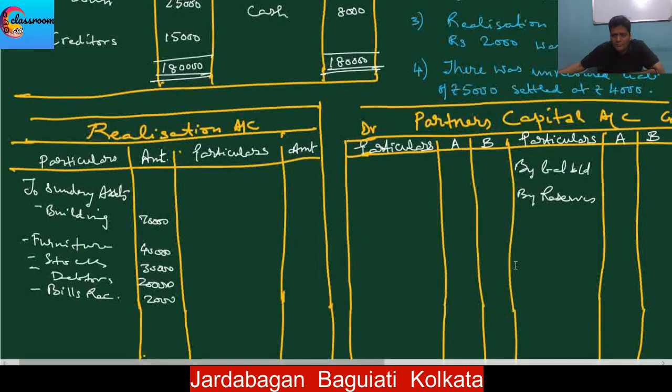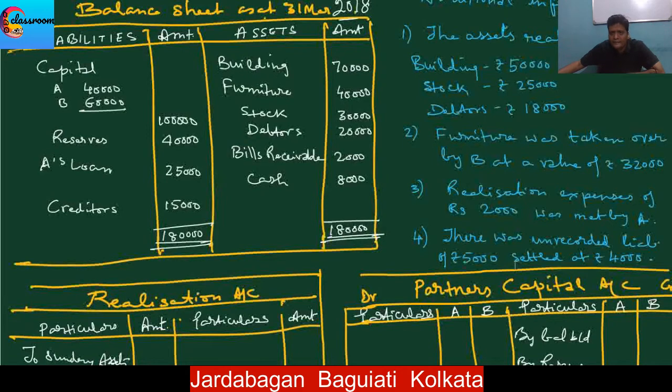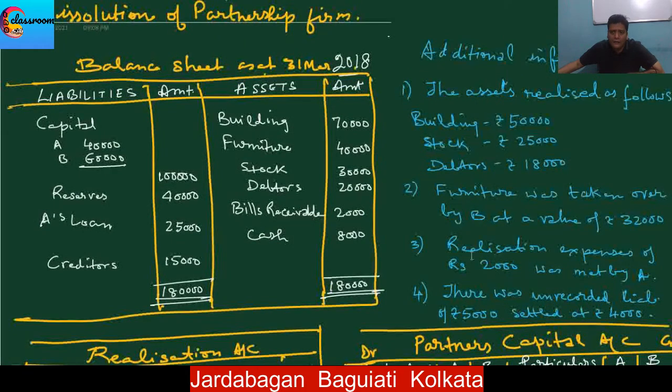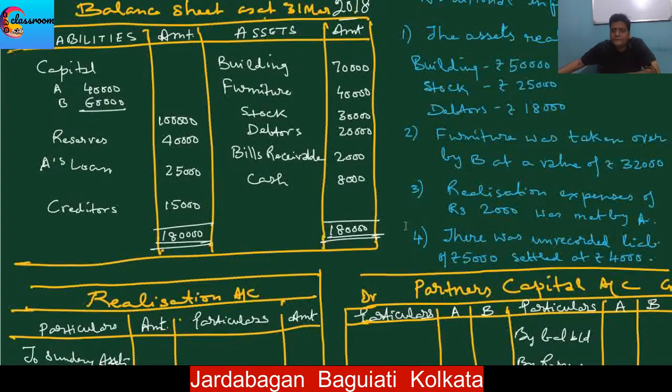Reserves are distributed among the partners in the profit share ratio. In this sum, the profit share ratio is not given. So as per the Partnership Act, we need to assume that profits are shared equally among the partners. That is 1:1.